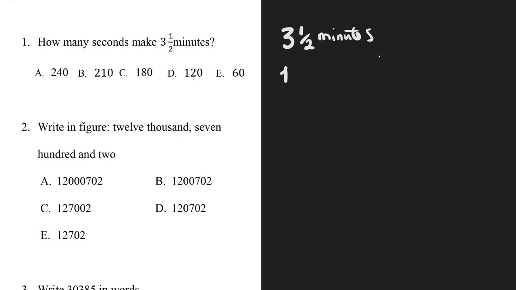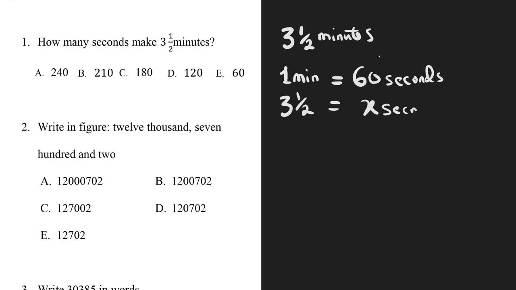So we say 1 minute is equal to 60 seconds. We are converting this to seconds, right? So that means 3.5 minutes will give us X seconds. We don't know it.